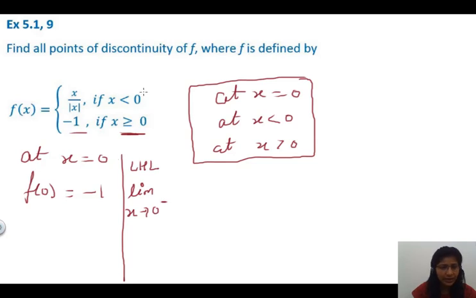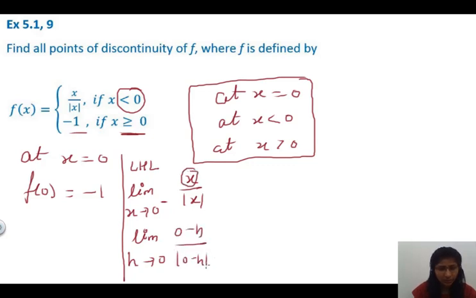For 0 minus, I can see the function is x upon mod x. Changing it to h, instead of x, I am going to write 0 minus h upon modulus of 0 minus h. When I solve it, we get minus h upon h, which is minus 1.